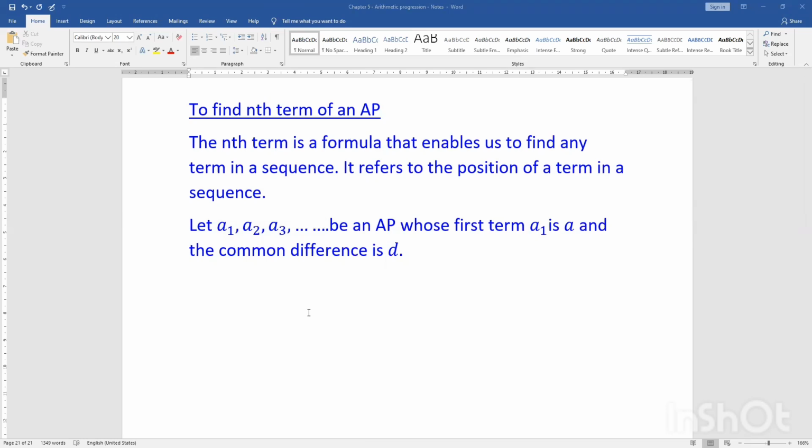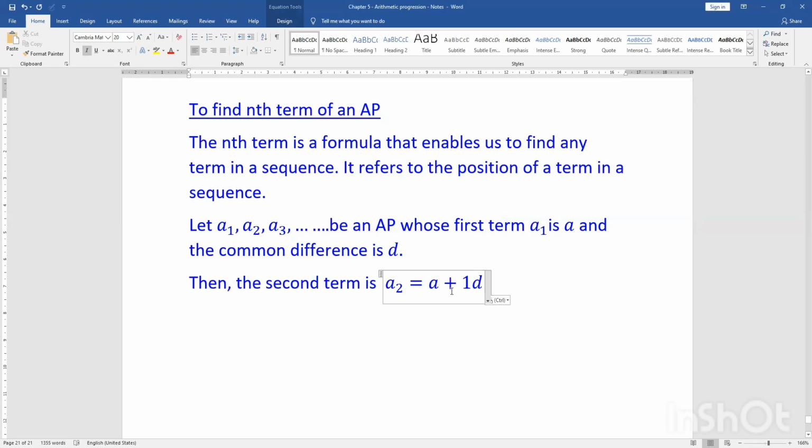Now here, we know that the second term is given by A2, right? So A2 will be nothing but a plus d, or I can also write it as a plus 1d, correct?